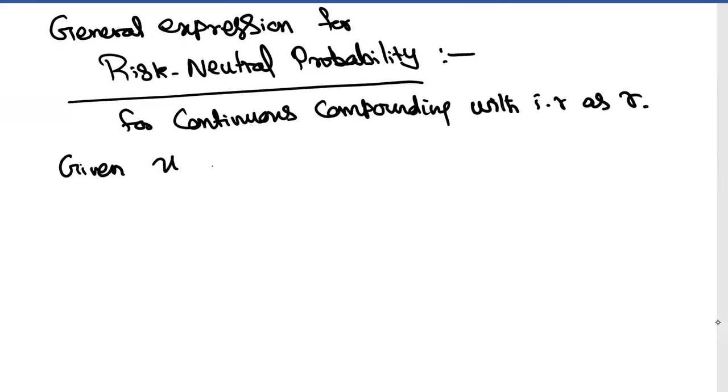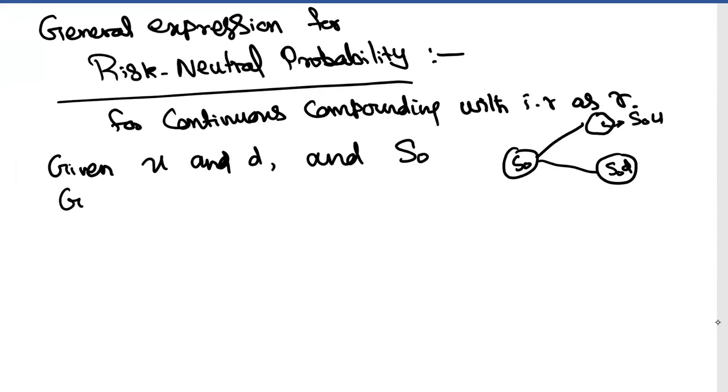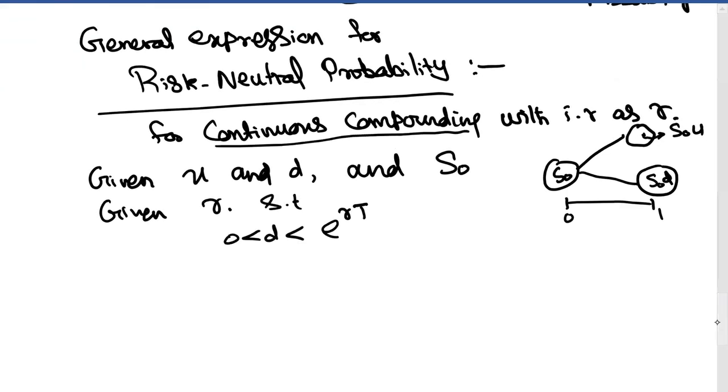Given U and D and S naught, it means you are given S naught, you are given this price, which is S naught into U. You are given this price, this is S naught into D, and also given the prevailing interest rate R, such that since we are using the continuous compound interest, we have e to the power of RT, where the duration is given by capital T, and that should be less than U.